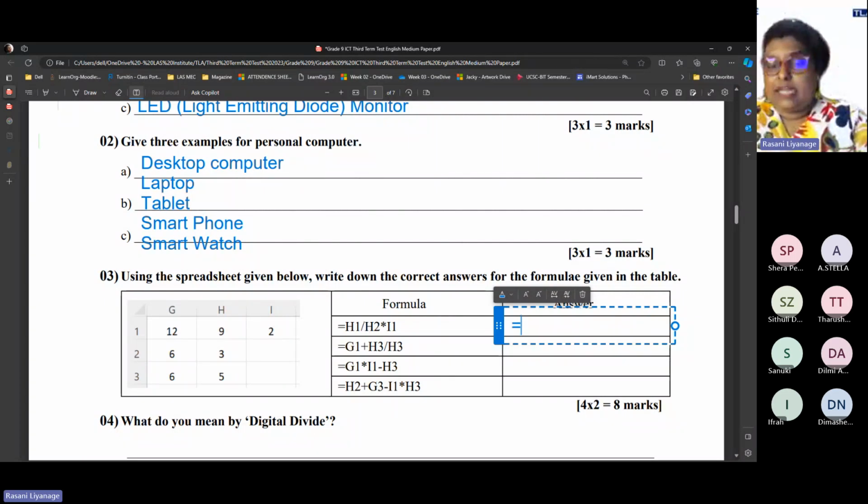H1 is 9, divided by H2 is 3, multiplied by I1 is 2. So the answer would be: 9 divided by 3, 3 into 2, 6.